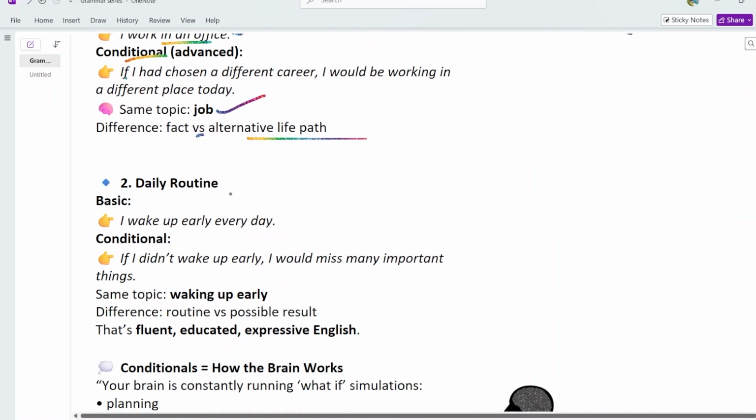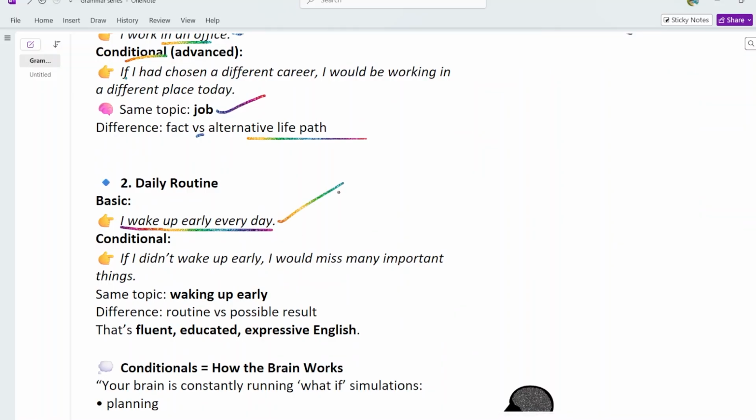Same thing with the daily routine. Basic: I wake up early every day. It's a fact. It's probably a person's habit. However, a conditional will sound like this: if I didn't wake up early, I would miss many important things.